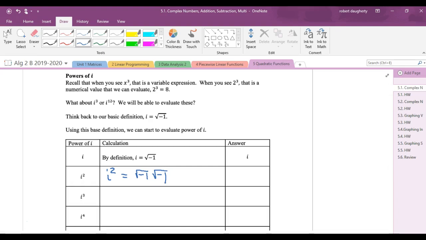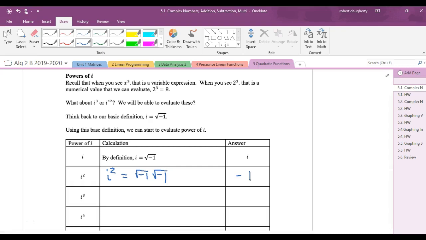Okay. So i squared is negative 1. It makes sense. If i is the square root of negative 1, then when you square that, i squared should just be negative 1. Okay? Is everyone okay with that? Okay. So this was my definition, and then what you're going to see is these powers of i are just going to fall out of that definition.